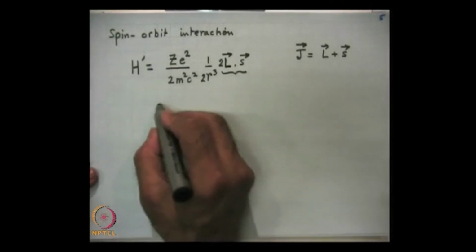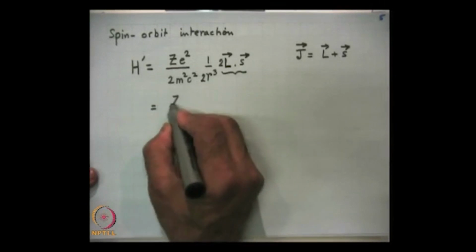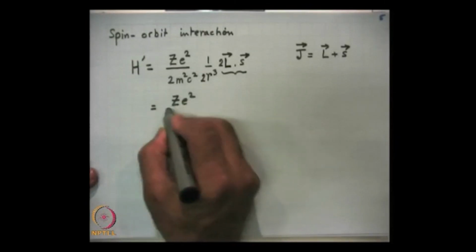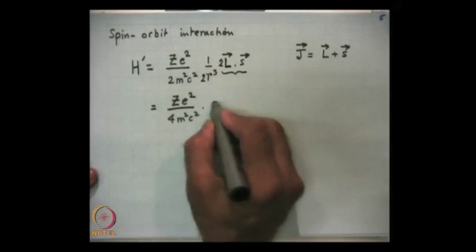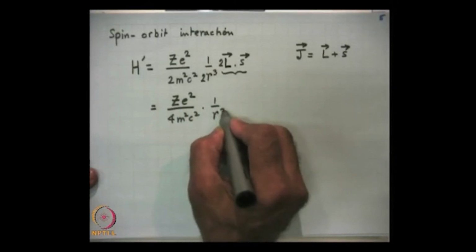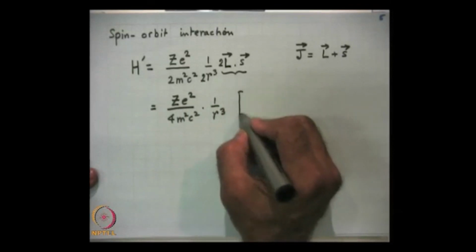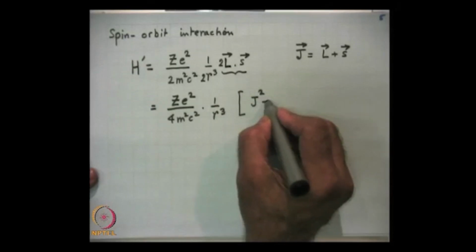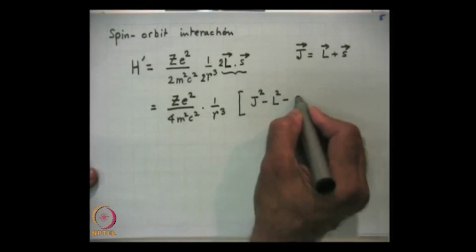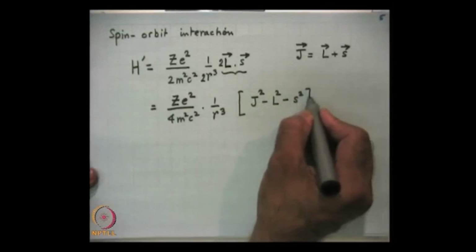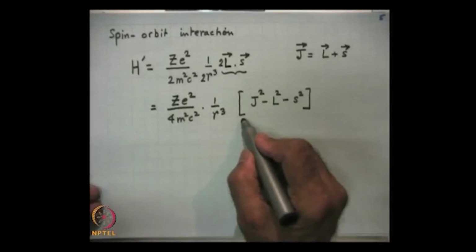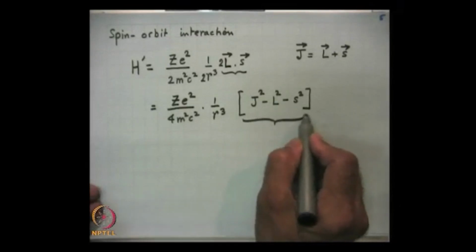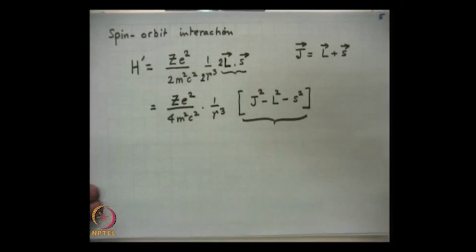So, the perturbation will be Z e square by 4 m square c square, 1 over r cubed, times 2 L dot S, where 2 L dot S will be J square minus L square minus S square. Our perturbation is therefore proportional to J square minus L square minus S square.